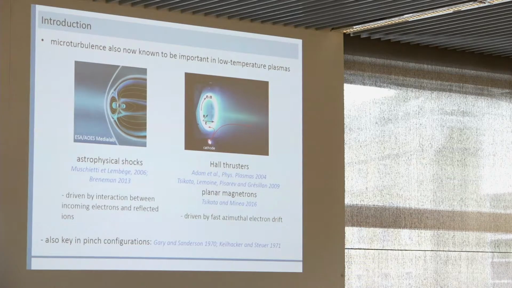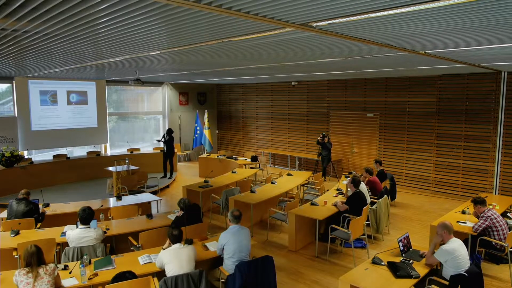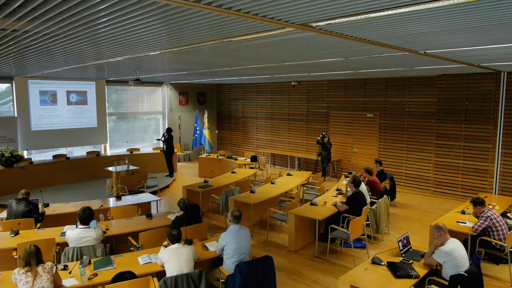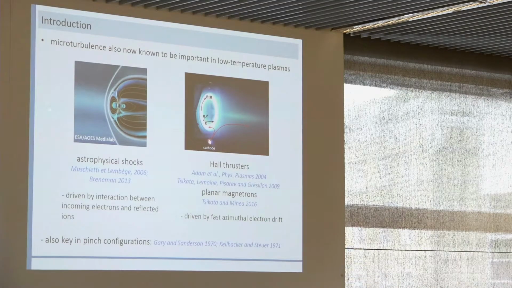This was well described in simulations by Muschietti and Lembège in 2006. But it was only in 2013 that actual satellite measurements identified very short-scale turbulence in the Earth's bow shock. This was found to be due to the interaction between electrons coming in from the solar wind and ions which were reflected at the shock.